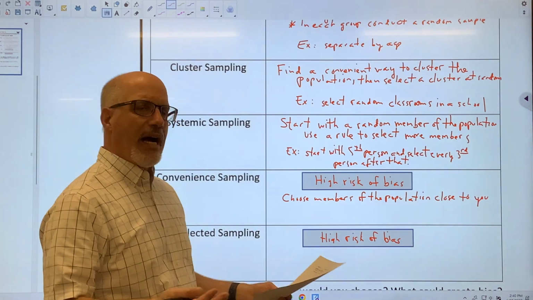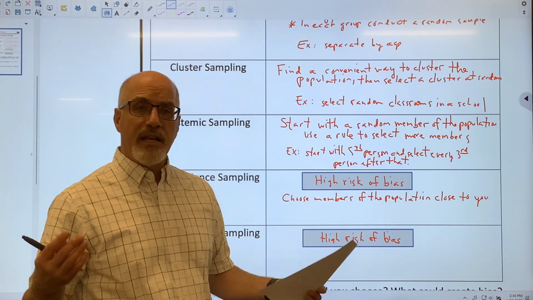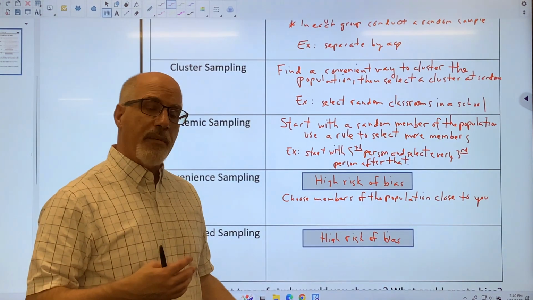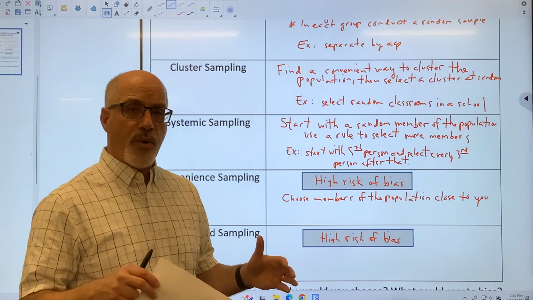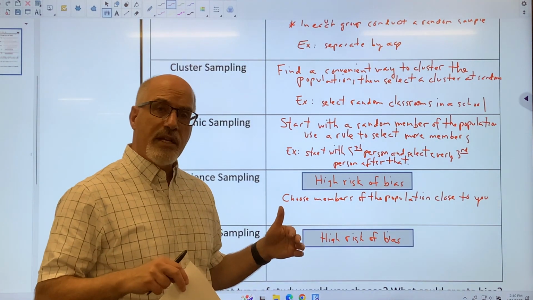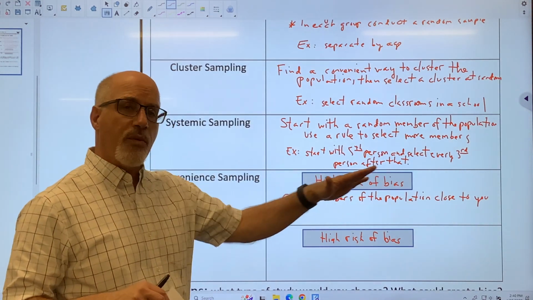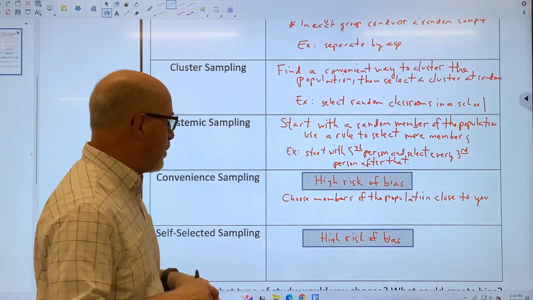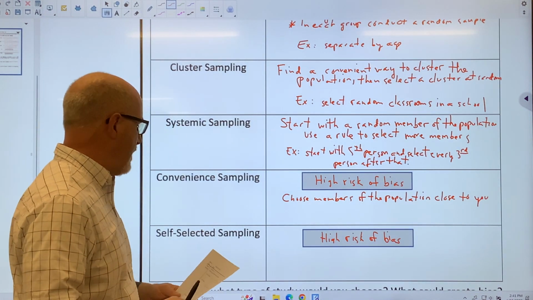Again, why that could be high source of bias is you probably live around people that are friends or have similar views or similar maybe socioeconomic relationship to each other. So you want to make sure you avoid bias by going out from just a convenient way of finding people to survey or to sample.